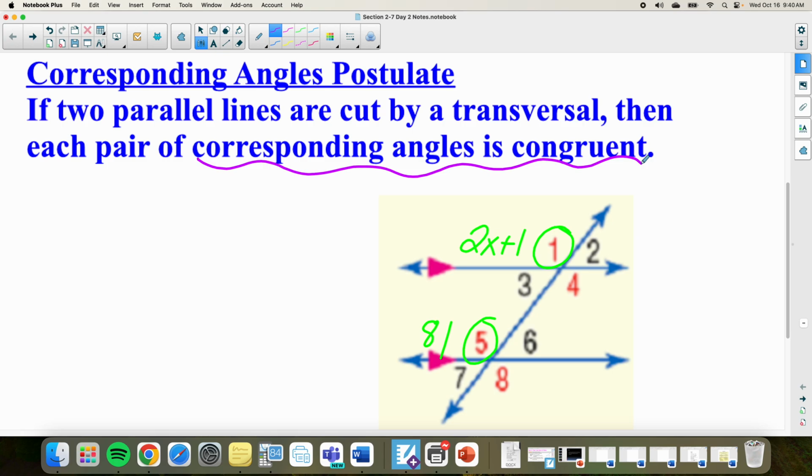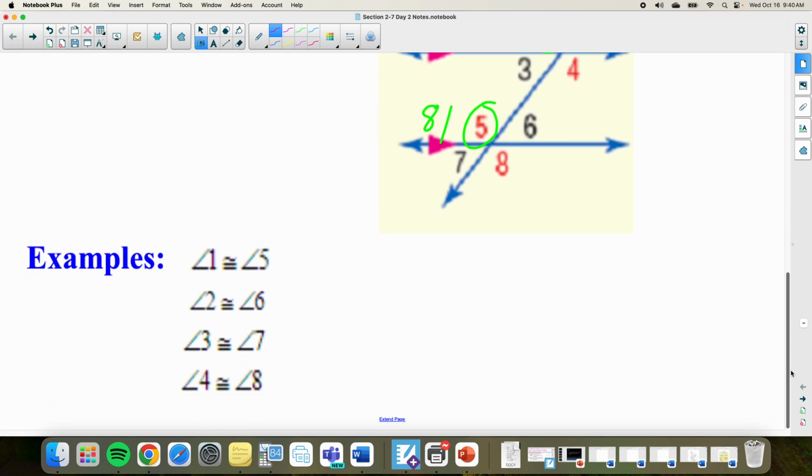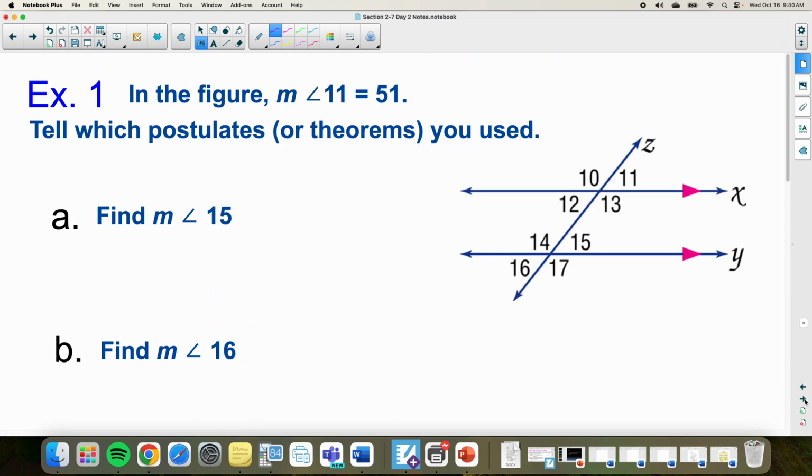Okay, so what you would do there then is you'd have to say 2x plus 1 equals 81 and solve that for x, okay? So what you have to remember is corresponding angles are congruent. And I'll have you write that on your cheat sheet in a little bit.